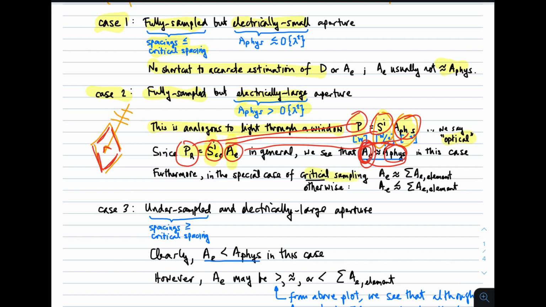Furthermore, in the case of critical sampling, we would expect that this relationship does hold. The fact that the effective aperture per element can be summed up to give you the effective aperture of the array. But if the elements are not critically spaced, then we would expect the effective aperture to be not greater than that sum, and possibly less or much less.